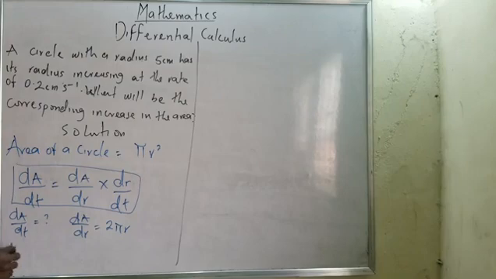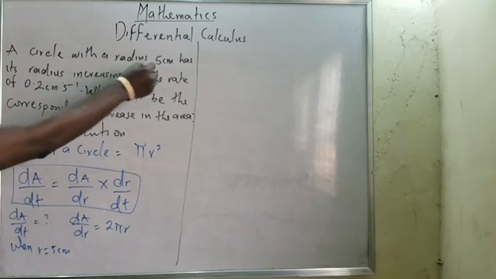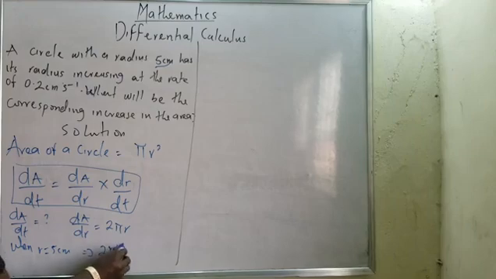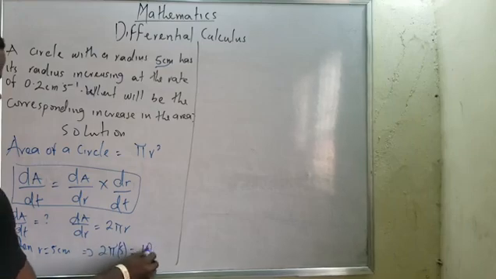Now, when r equals 5 centimeter, we all know from the question that r is 5 centimeter. It means I'll be having 2 pi times 5, which is 10 pi.